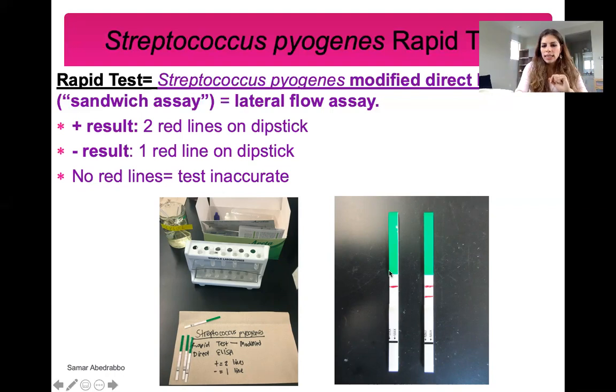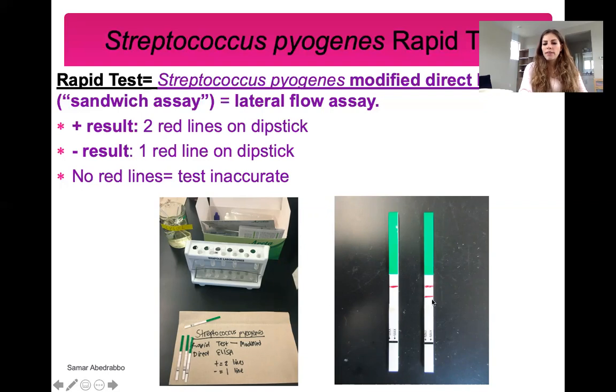Then you take this dipstick and stick it in that sample. Here, one of the bands will always show up regardless, and this band reacts with something in the buffer, just to show that the dipstick is actually working. What if it's expired? That's why they always have one of the bands that will always show up.